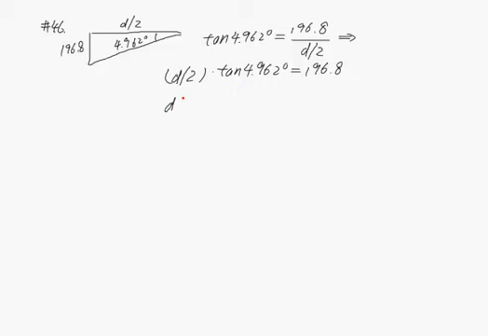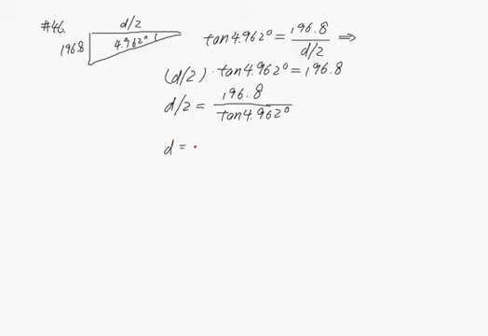Then we get d over 2 equal to 196.8 over the tangent of 4.962 degrees. Then we multiply both sides by 2.